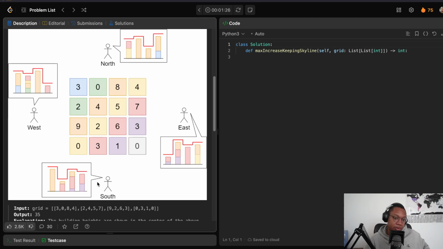Does the order matter too? Is there a difference between south and north? Yeah, it's increasing. 3, 2, 9.